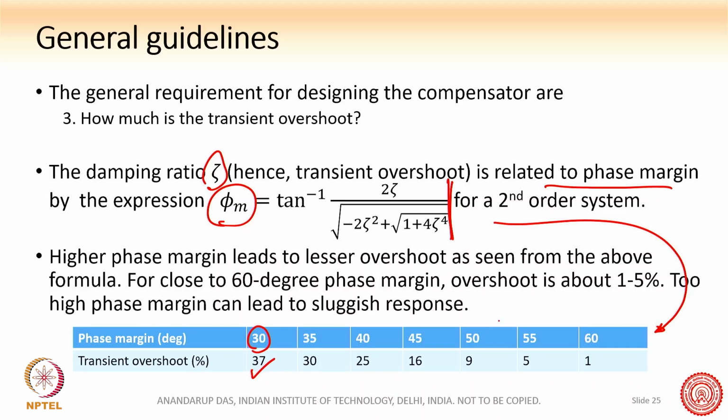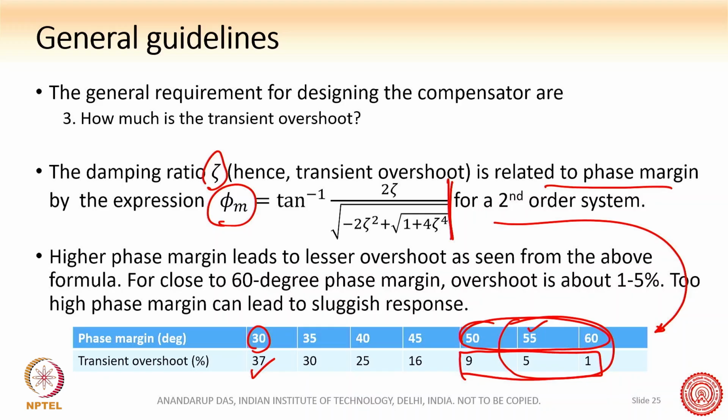So it is a good idea to have a phase margin in this region, like 50 to 60 degrees, because then the overshoot is less than 10%. So this is a good approximation, right?